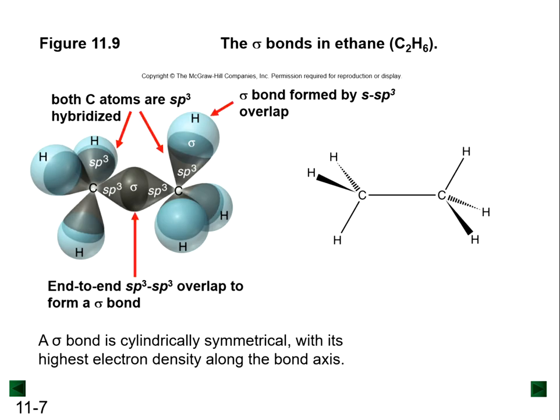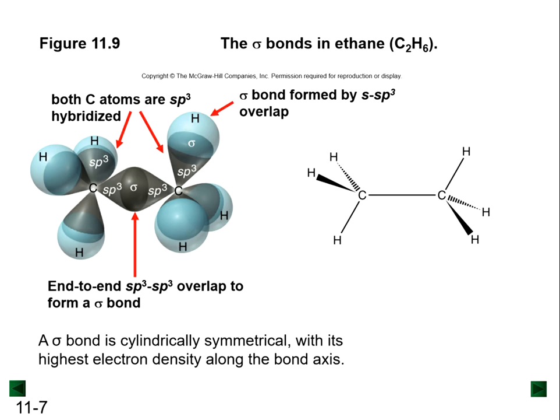So we can see here the molecule ethane, C2H6. We can look at the carbon-carbon bond interaction. We know that in C2H6, each carbon has a tetrahedral electron group arrangement.